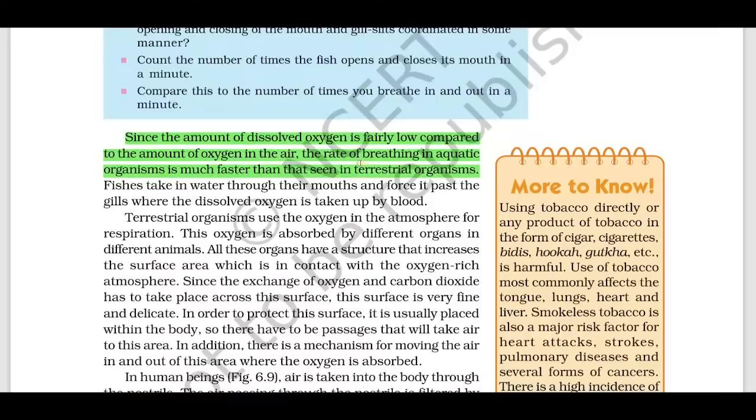Very important question. So the breathing rate is faster in aquatic animals because the amount of dissolved oxygen is fairly low compared to the amount of oxygen present in the air.